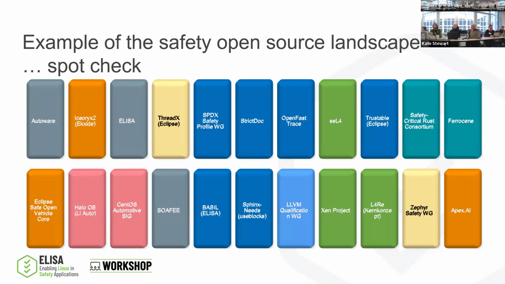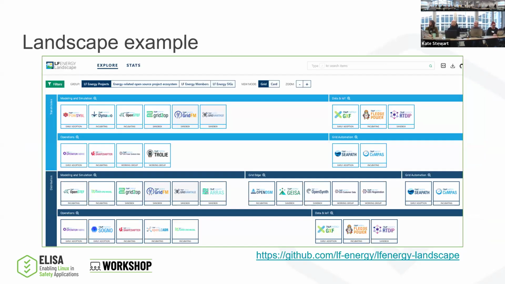And if you know CNCF or NeoNephos or others, even the recently brought up Deutschland Stack, they use another way of showing a landscape. Here, that's good. This is like a NeoNephos landscape mapping, which you can have.